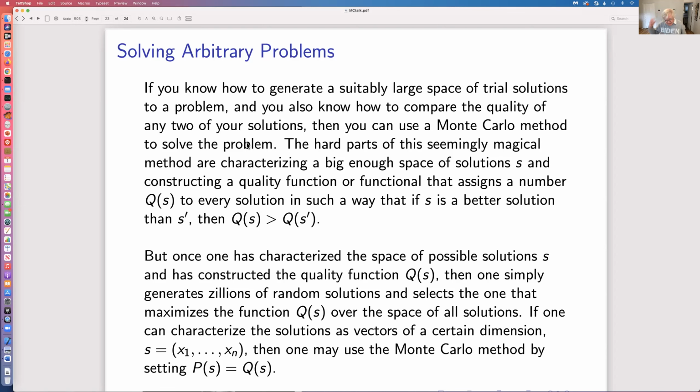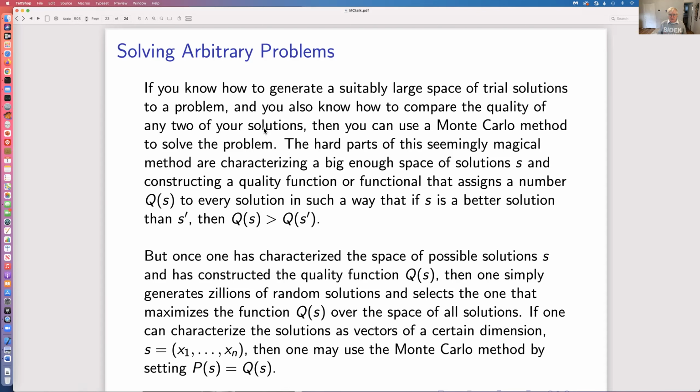So once again, it's a matter of randomness plus selectivity, and you need to formulate the criterion of selection mathematically in the computer program.